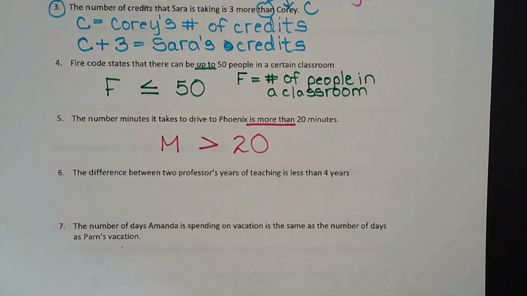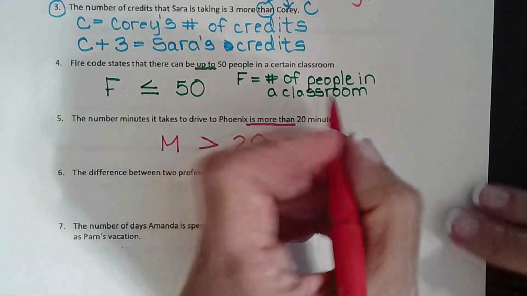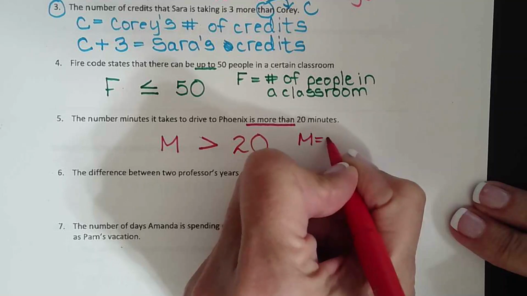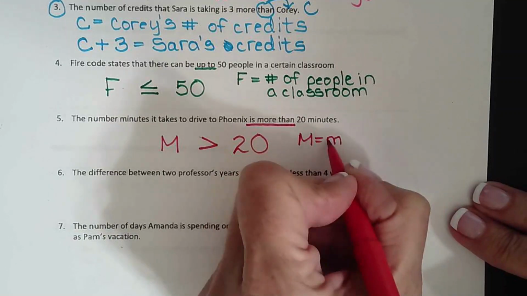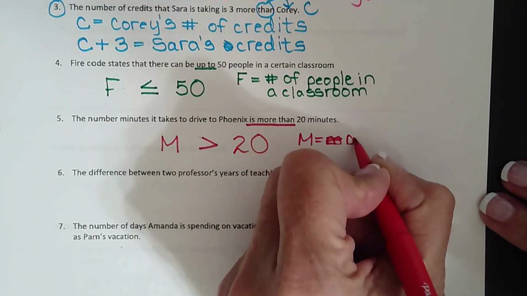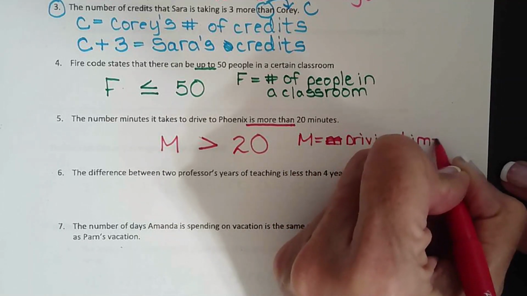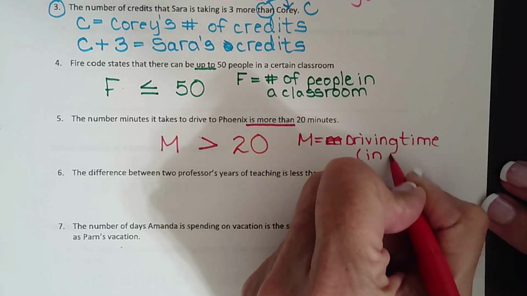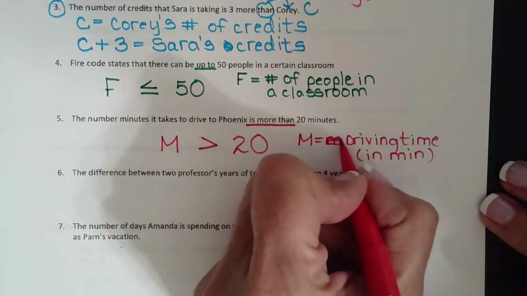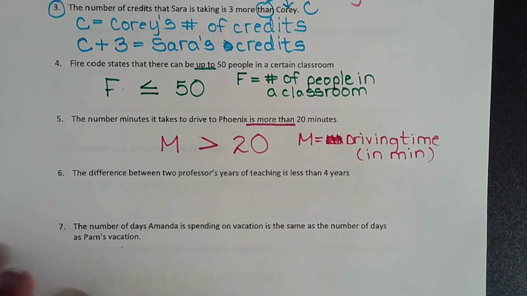And M is minutes driving. And if you wanted to do it like we did our variables at the beginning, you'd say driving time in minutes, if you wanted to mimic that form that we did before. So M equals their driving time in minutes, and it's more than 20.